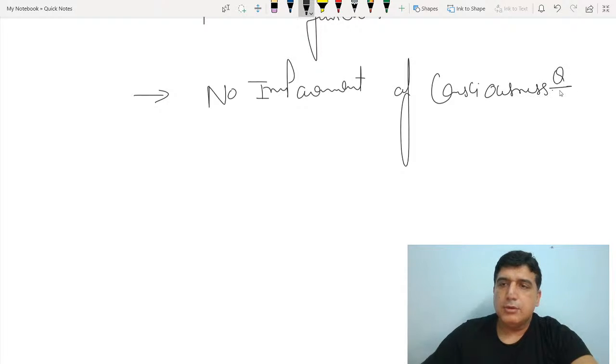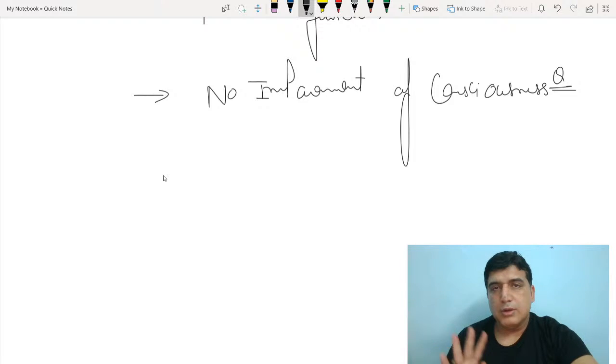The dementia patient is fully conscious till the last. In the last stage of dementia, maybe there is a superimposed delirium and the patient can have a problem, but otherwise there is no impairment of consciousness.